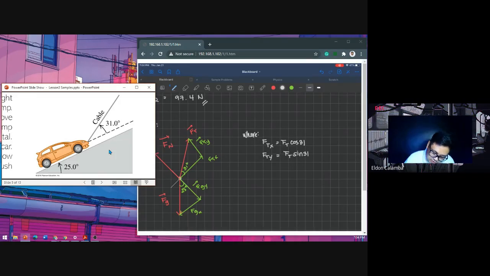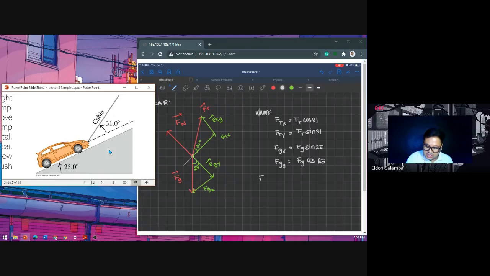And then FGX is the opposite side, so this is FG sine 25, and FGY is the adjacent side, so this is FG cosine 25. We can solve for FG because we are given the mass of the car.